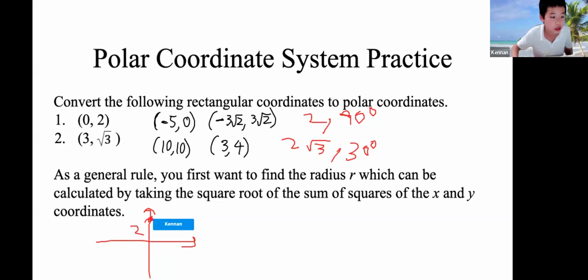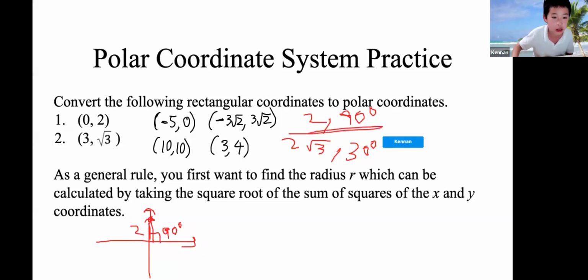Note that this angle is 90 degrees, and this magnitude is 2. So yes, this is correct.